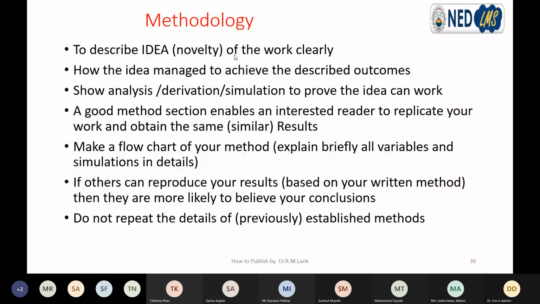Whatever method you suggest, that method must have results in the results section, what you claim. So your methodology is very important. You explain your methodology, like how your methodology is different from others, right?